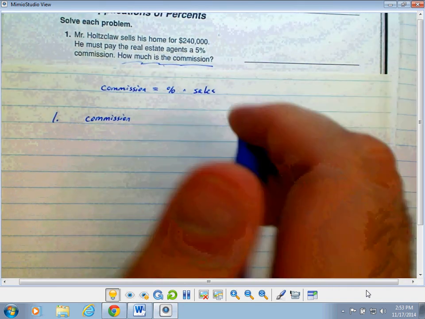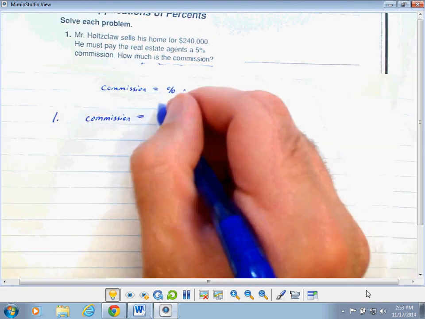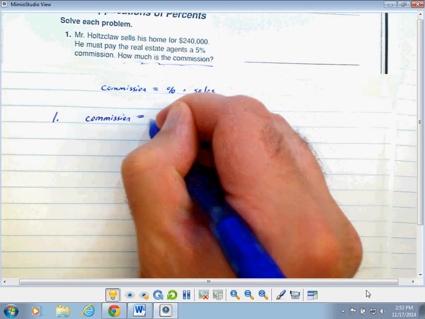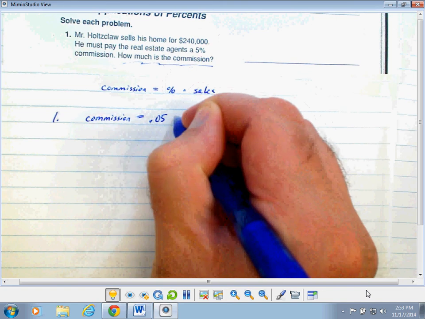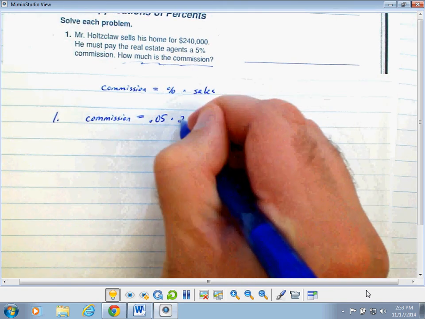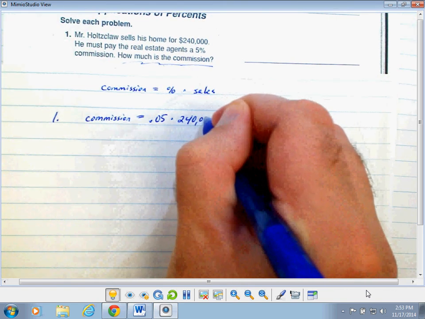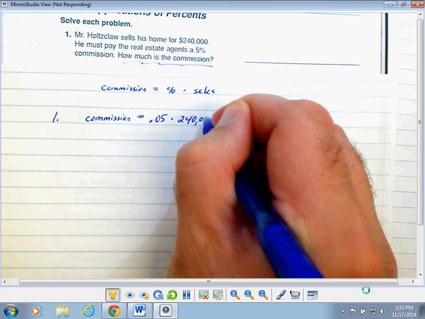So the commission is what I don't know, but I know it's equal to the percent. Of course, we write it as a decimal, 0.05 times the sales, which were $240,000. And what I come out with is his commission equals $12,000.